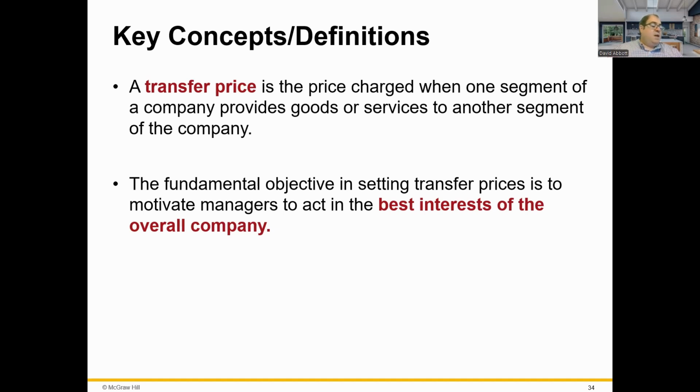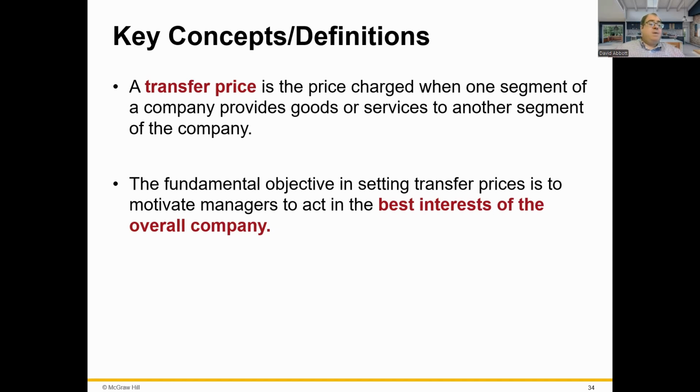And sometimes we think that divisions should make all purchases internally wherever possible, which of course is not the case. They also sometimes need to remember the purpose of transfer pricing in their zeal to be fair to the various divisions. So it's not about being fair, it's about doing what's best for the organization.